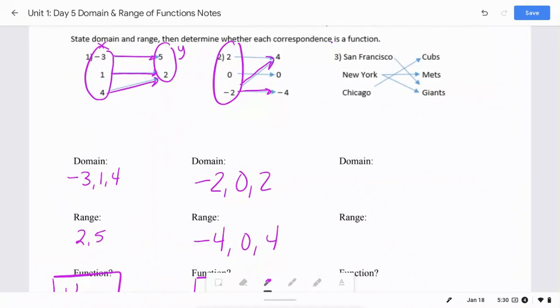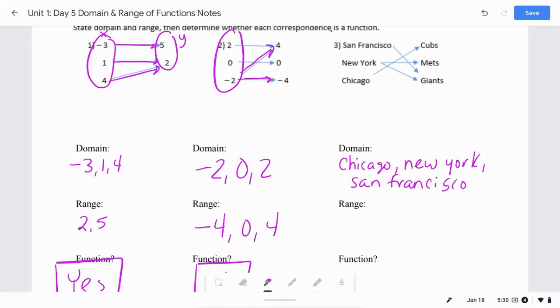Now, sometimes you're going to see examples that are not numerical. So for the domain and range, I just put them in alphabetical order. So if you look at the domain, Chicago would come first, then New York, then San Francisco, and then for the range, Cubs would come first, then Giants, and then the Mets.